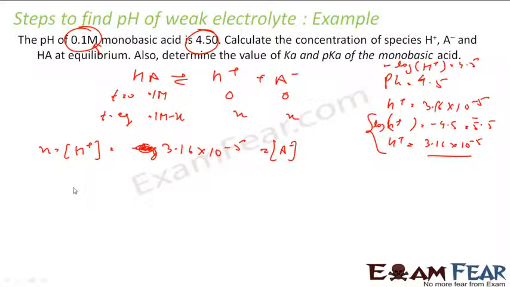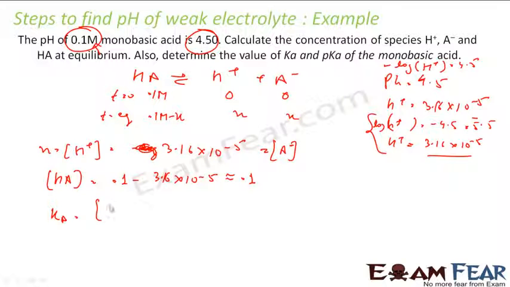So what is the value of HA concentration? That is 0.1 minus x. This 0.1 minus x, we have x as 3.16 into 10 to the power minus 5. This is almost equal to 0.1 only. So to find Ka, K is what?